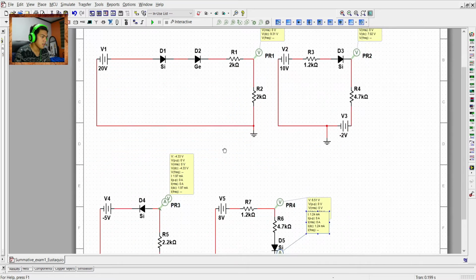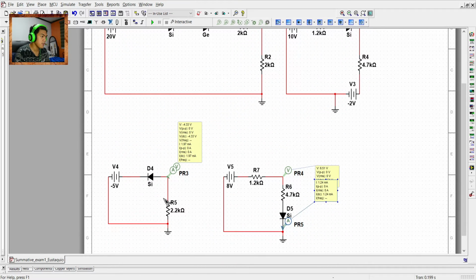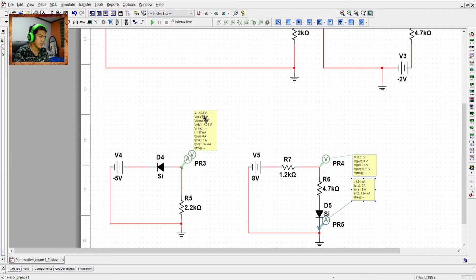And in problem number 2, the VO of figure A is negative 4.33 volts, and its diode current is 1.97 milliamperes.